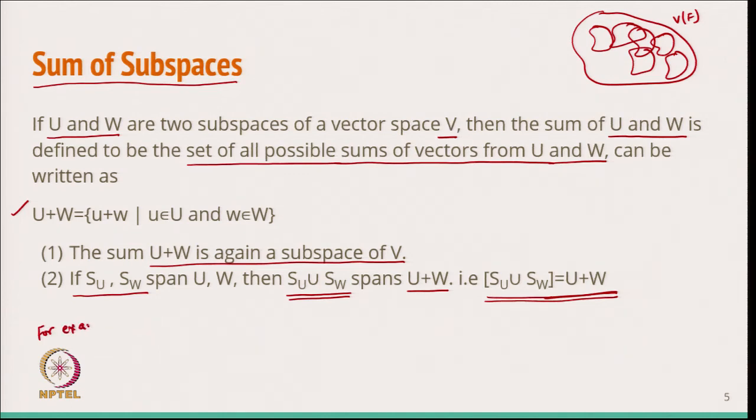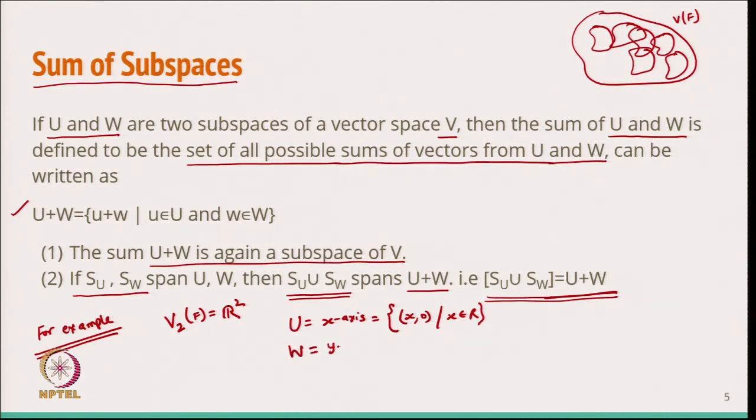For example, I just take a vector space V2, that is R2, and in this case I take U as the x axis, meaning I am taking all the elements (x, 0) where x is a real number, and I take W as, suppose, the y axis.